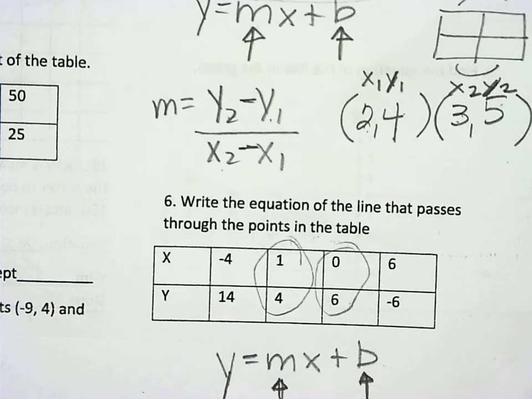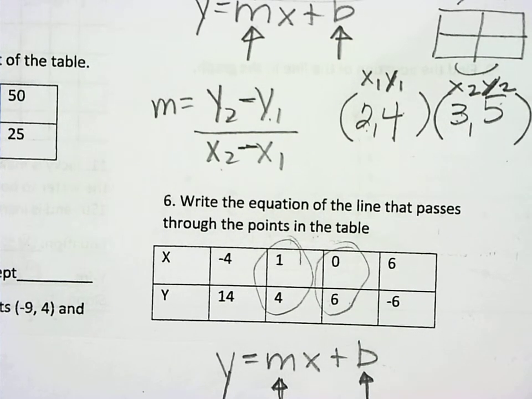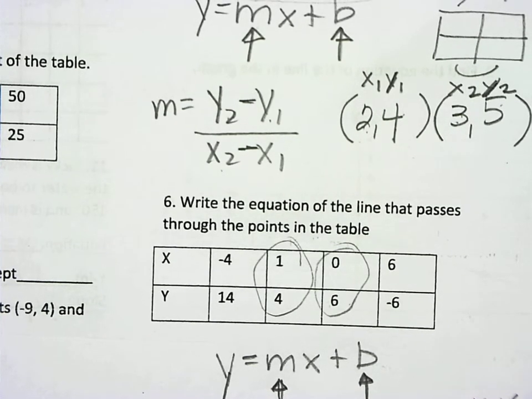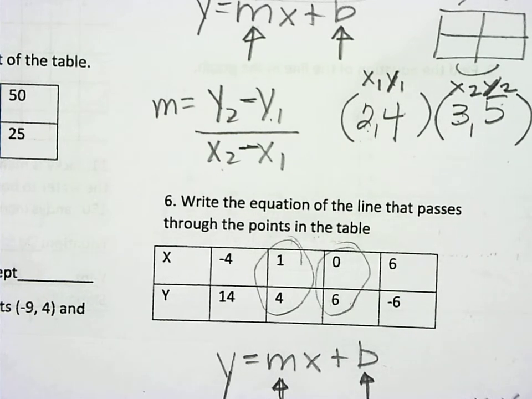So x is 1, y is 4, and x is 0 and y is 6. I'm going to label these points x and y, point 1, point 2, and I'm going to plug them back into my formula here. Y sub 2 is 6 minus y sub 1 is 4.